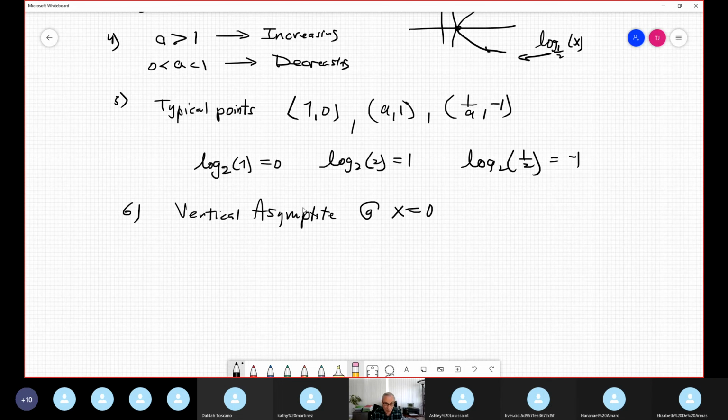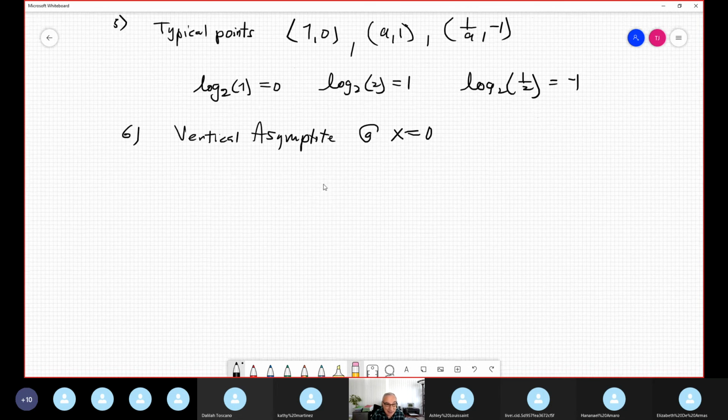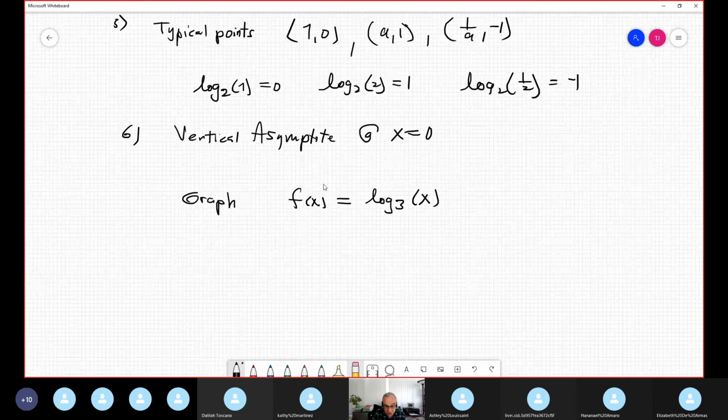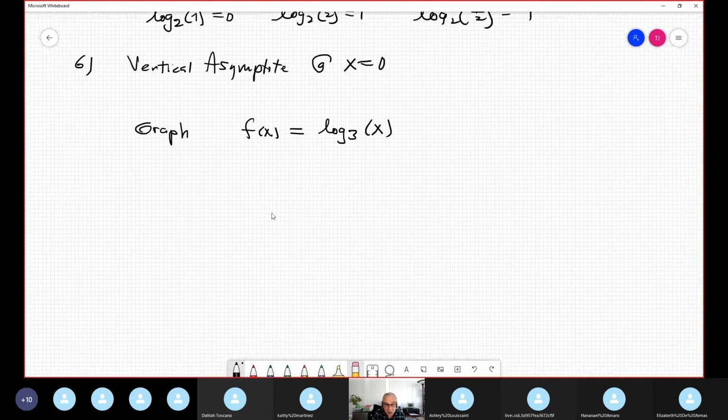Suppose in the test I give you an equation like that, graph this logarithm. Suppose f(x) equals logarithm base 3 of x. Let's do it quickly.